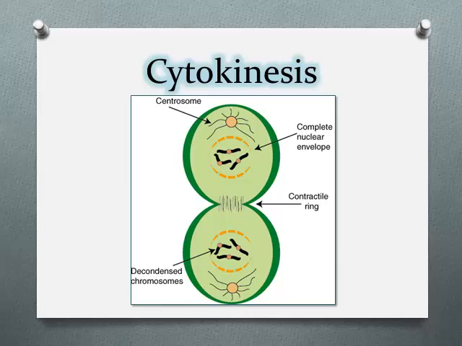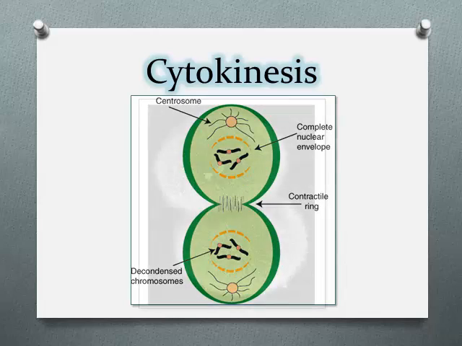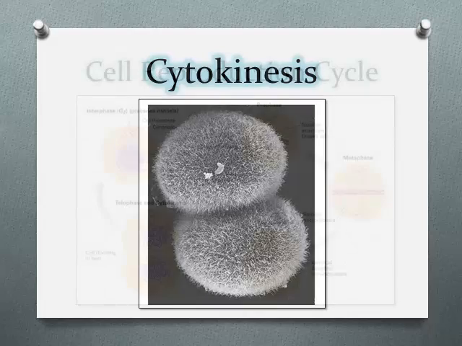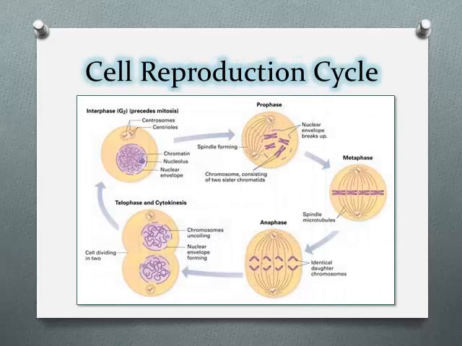The cell is pinched into two by a constricting belt of microfilaments, and the furrow deepens until the cell is pinched in two. Here's a live shot of cytokinesis. So to recap, we saw interphase, prophase, metaphase, anaphase, telophase, and cytokinesis to complete mitosis.